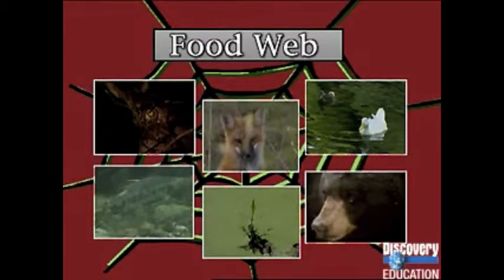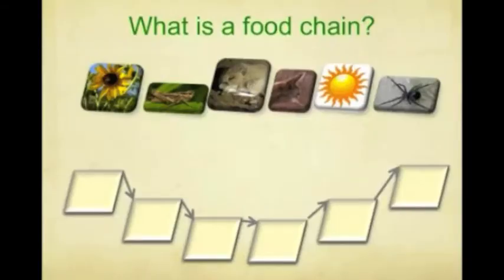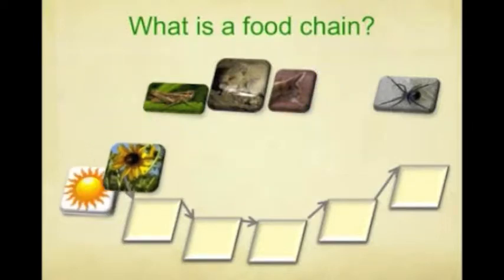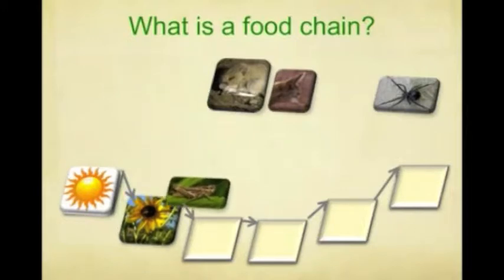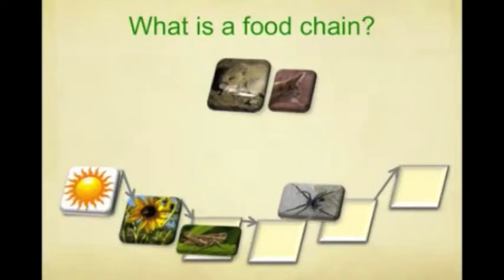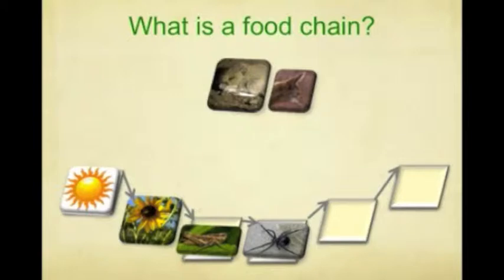Food chains exist in all ecosystems. So a food chain is just another way to show the energy relationships in an ecosystem. In a food chain, we have the sun, which delivers energy in the form of photons to plants, which are consumed by primary consumers, like this grasshopper.